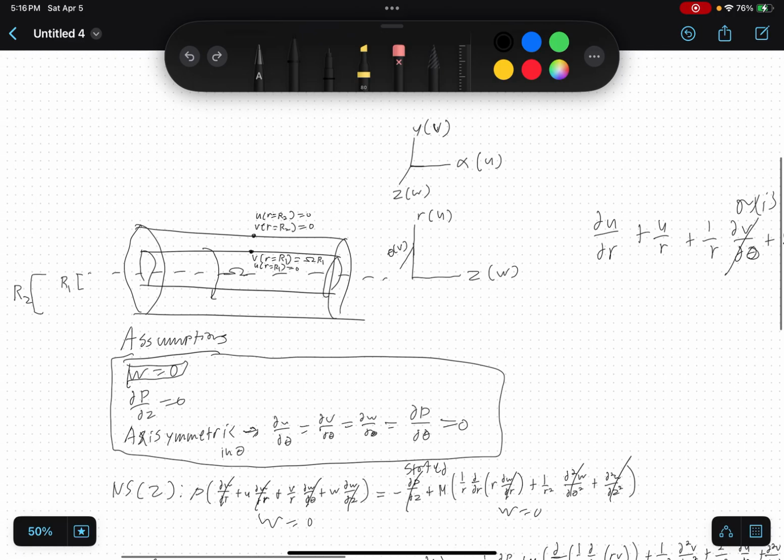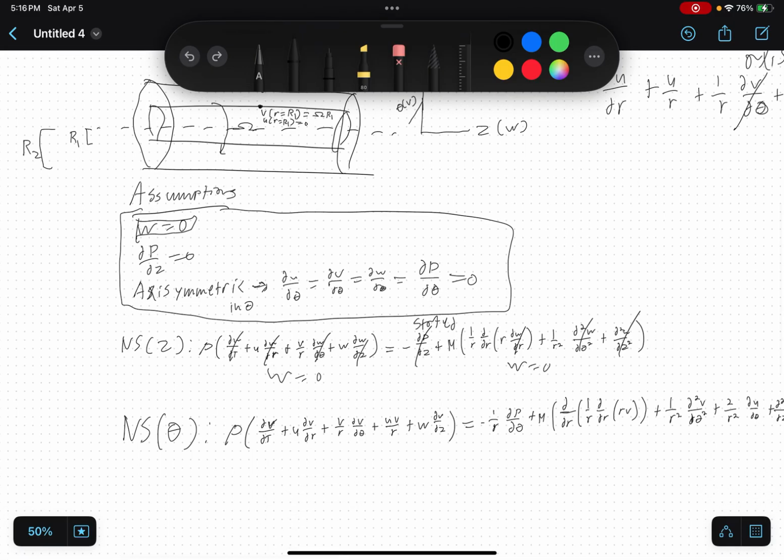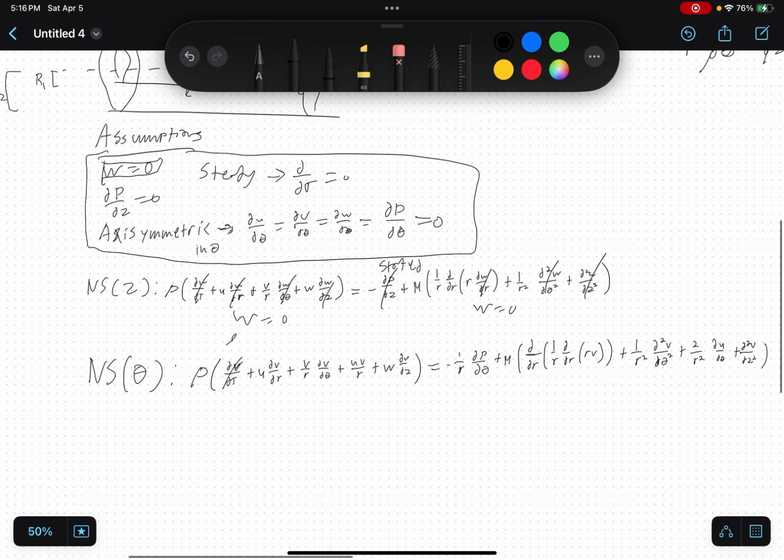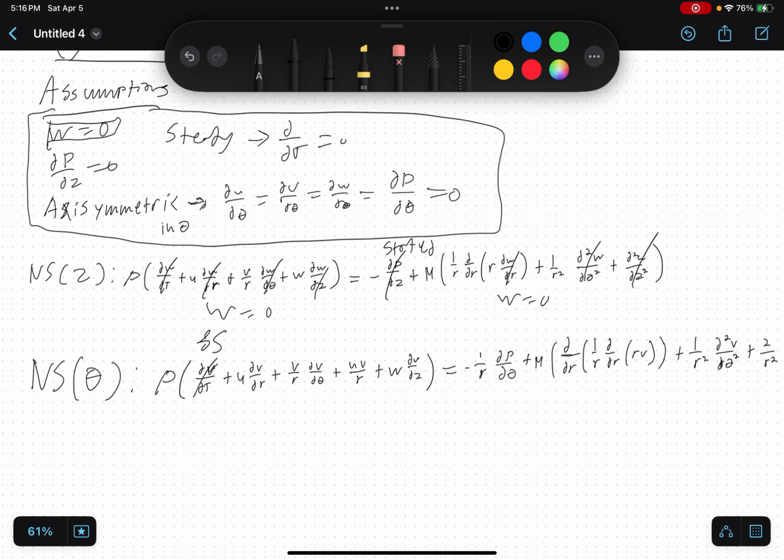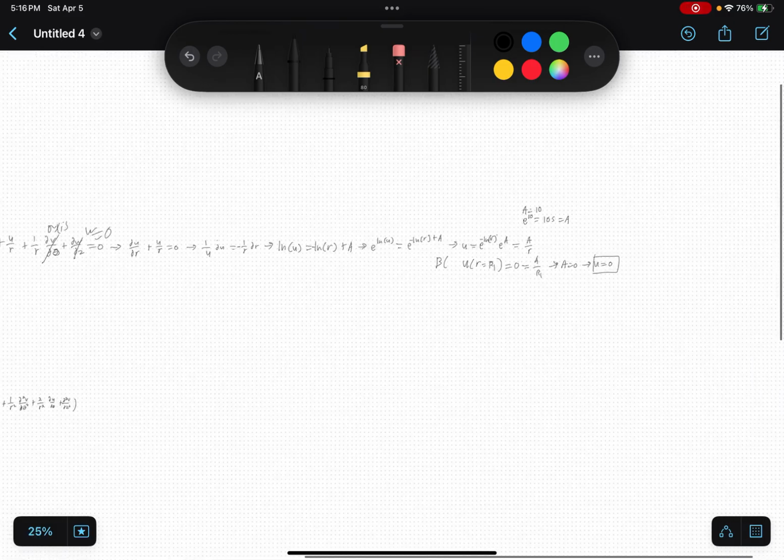So dv/dt, did I assume steady? I better have assumed steady. Yeah, I did. Steady, d/dt equals 0. We said u is 0.